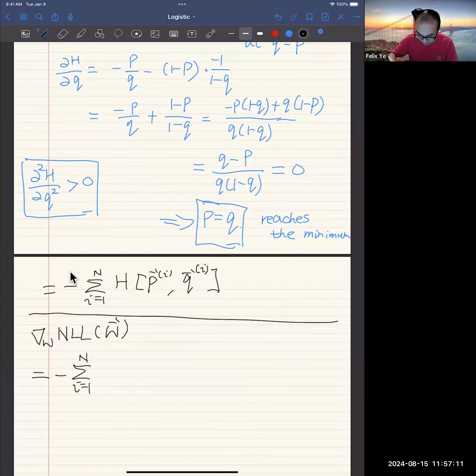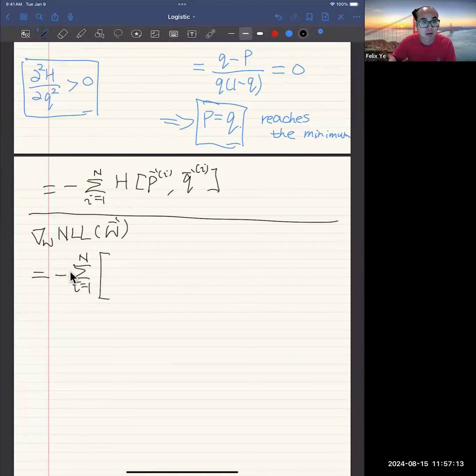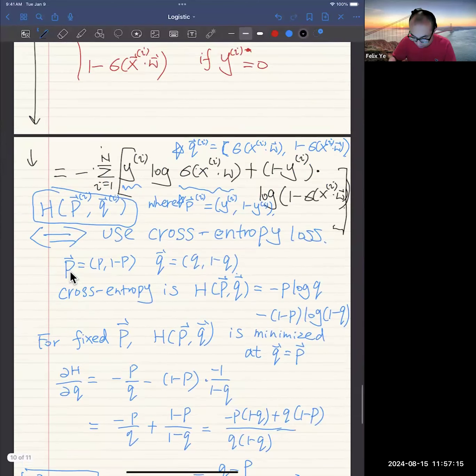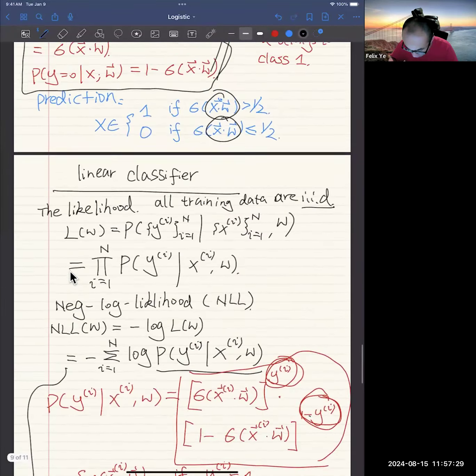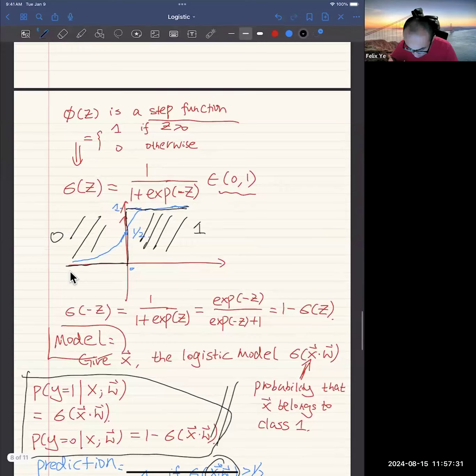Okay. And we have yi and a sigma here. So you have to be a bit careful. And we need some additional condition here to ensure we can get it right.